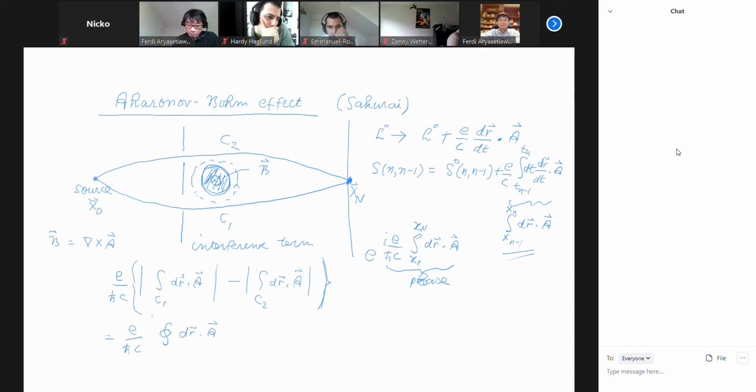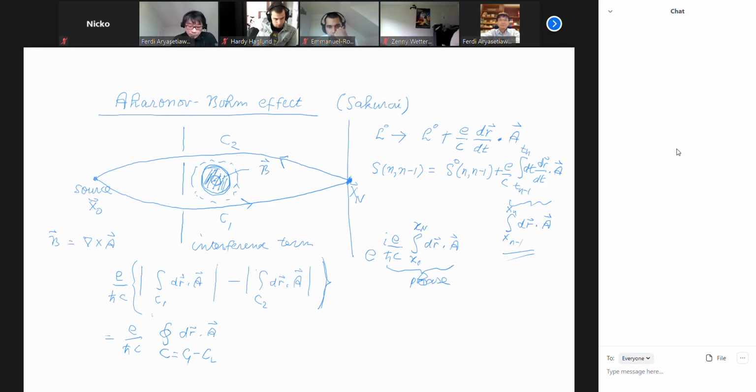So C1 like this, and then go back on that. So let me call it C1 minus C2 because we are going backward in the case of C2. So it forms a loop.